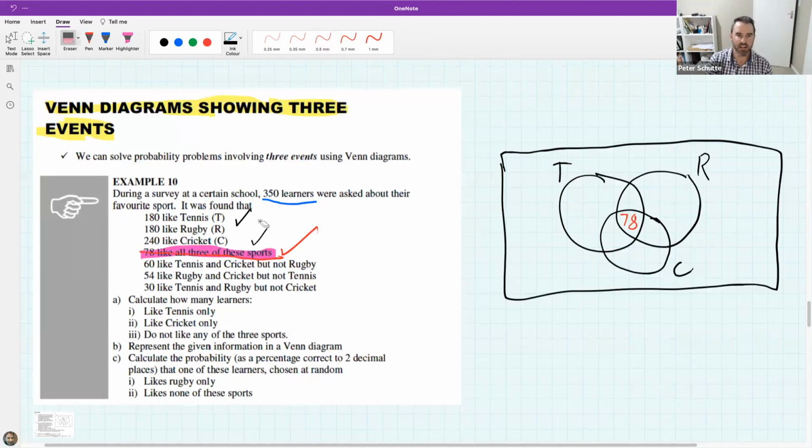Now, why is it very difficult for me to use the 180 like tennis if the goal is to fill out this Venn diagram and summarize this information? Why is trying to use 180 people like tennis not helpful?